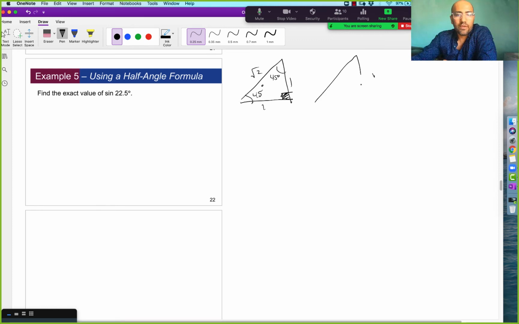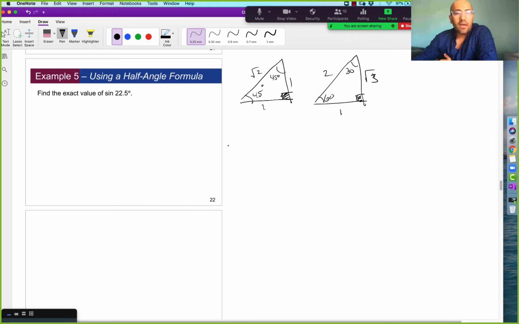And then we have another standard triangle where this is 60, this is 30, and this is 1, 2, root 3. So a lot of what we do is work with these by hand. And that's what these things are really useful for, to be able to expand our ability to find trig functions.